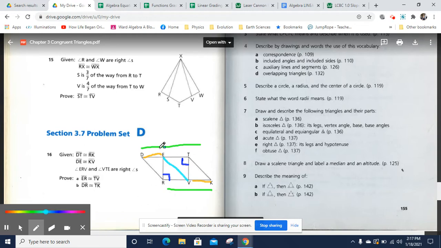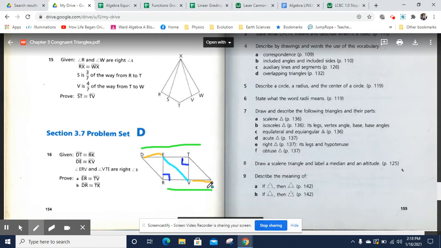Now, by drawing that auxiliary line, I didn't have enough information to prove ER and TV are congruent. I definitely don't have enough information to prove that DR and TK are congruent. So I have to do a detour. My detour is to prove that ERV and VTE are congruent triangles. I think I do have enough information for that.